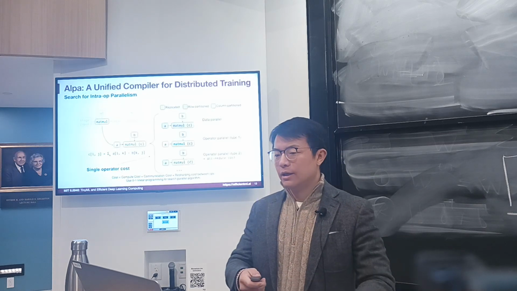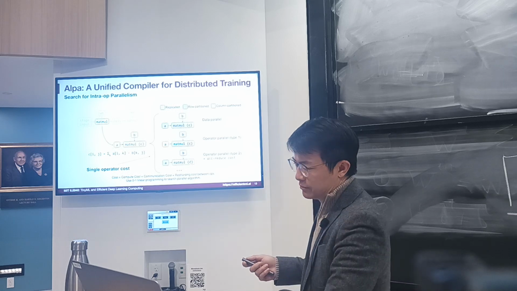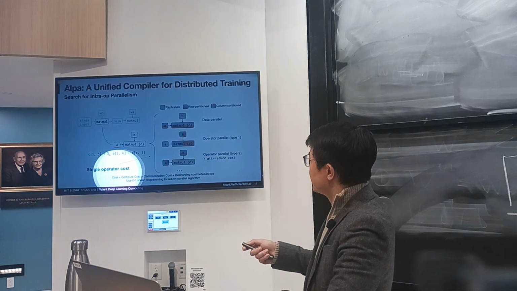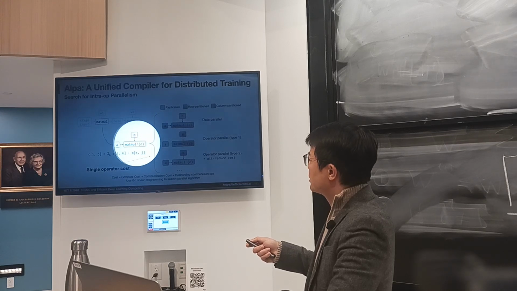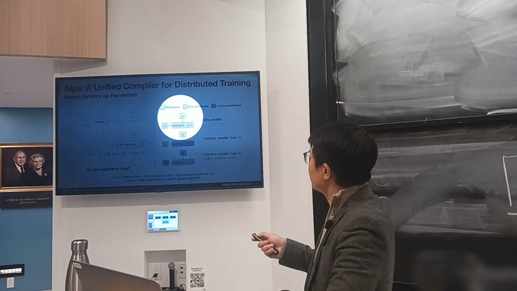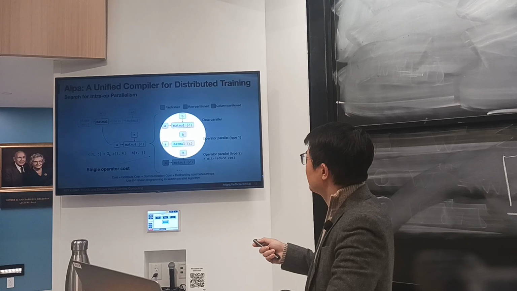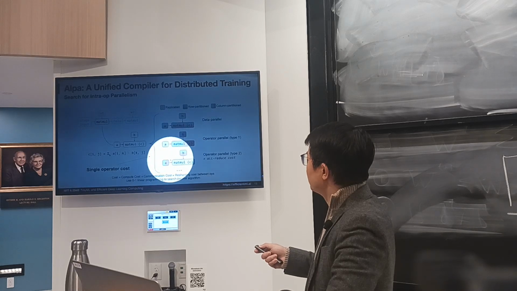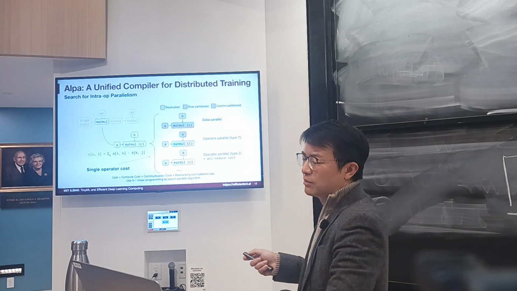Next, Alpa can search for the intra-operator parallelism. Given this A times B, we get a matrix multiplication to get C. We can either replicate B and split A across the two GPUs, or replicate A and split B across the GPUs, or split both A and B to get partial sums, and finally do an all-reduce to sum them up.